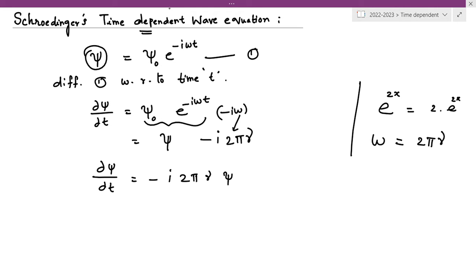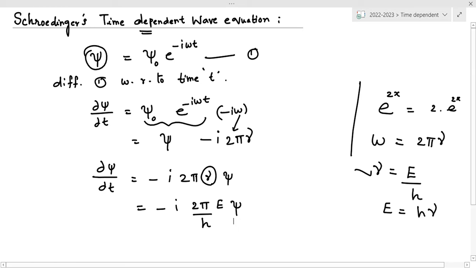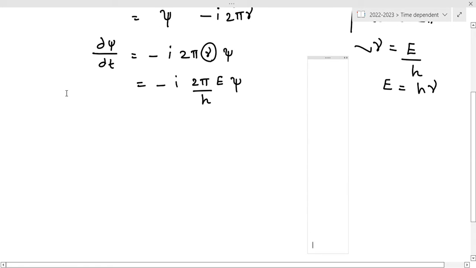And then frequency nu is equal to E by h, because we know the energy E is equal to h nu. Therefore, nu is equal to E by h should be replaced here. So we get minus i 2 pi E by h psi.